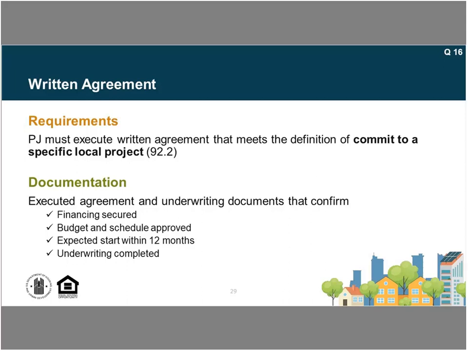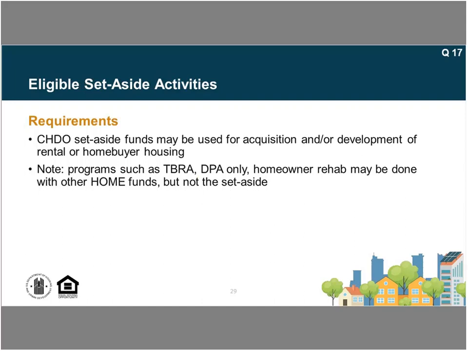And everybody in the HOME program that receives funds receives a written agreement. I mentioned at the beginning that the written agreement for a CHDO needs to be for a specific local project that meets all the project requirements, including financing secured, budget and schedule approved, underwriting complete, and it's expected to begin construction within 12 months. Those are the standard project requirements.